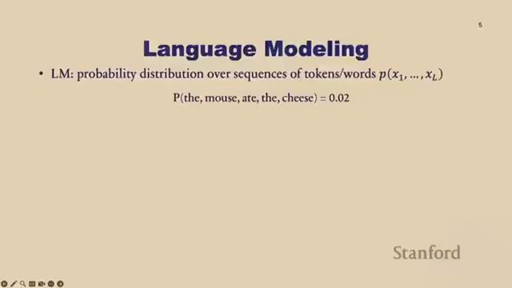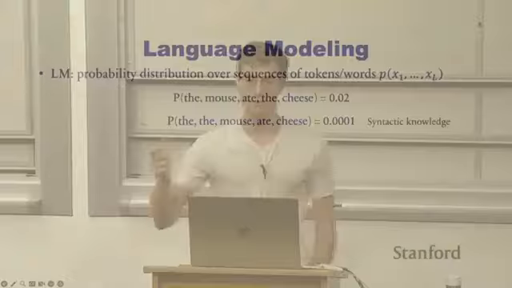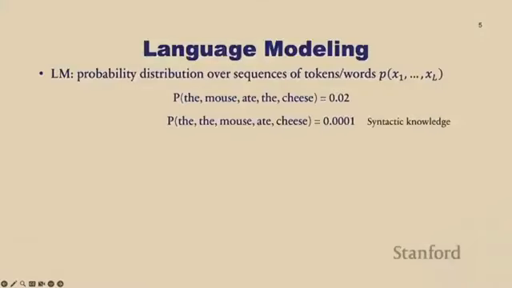Very concretely, if you have a sentence like "the mouse ate the cheese," what the language model gives you is simply a probability of this sentence being uttered by a human or being found online. If you have another sentence like "the mouse ate cheese," here there's a grammatical mistake, so the model should have some syntactic knowledge, and it should know that this has less likelihood of appearing online.